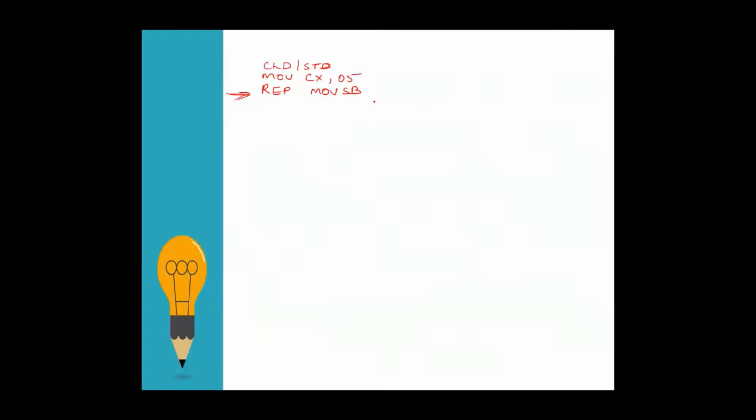Suppose somebody asks you to explain MOVSB with REP. Suppose somebody gives you this question: explain MOVSB with REP prefix. How will you explain? Tell me. What is happening here? What will come in my left hand side and what will come in right hand side?